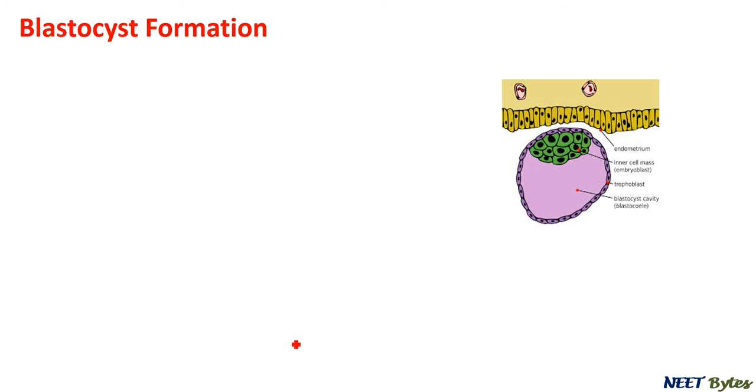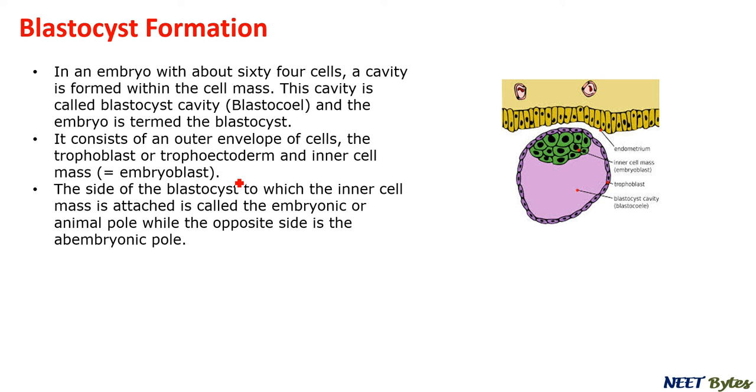So let's see blastocyst formation. In an embryo with about 64 cells, a cavity is formed within the cell mass. This cavity is called the blastocoel. You can see in the diagram, this is the blastocoel.